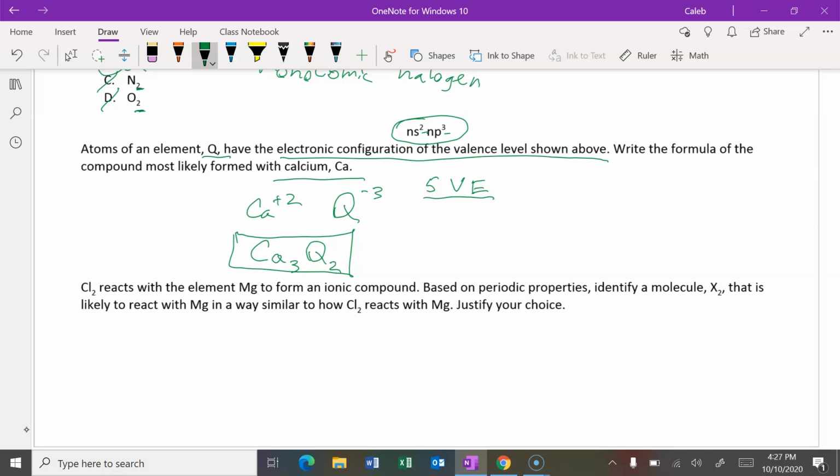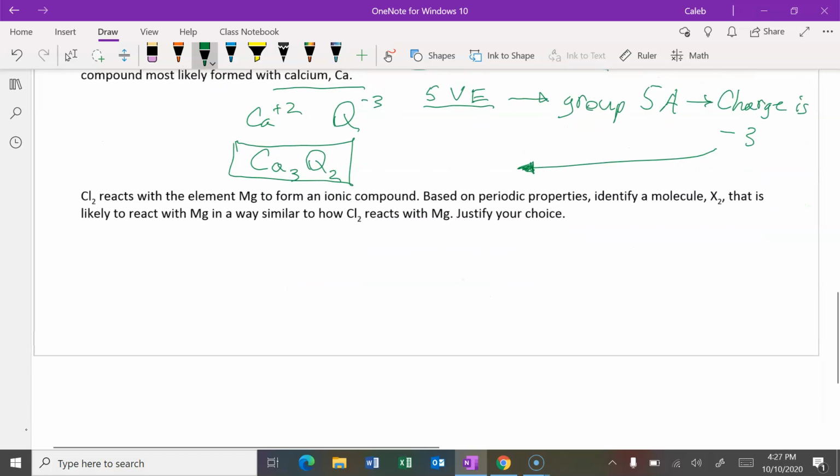5 valence electrons tells us it's in group 5A, which in turn tells us its charge is -3, and that's why we can deduce what we did over there.